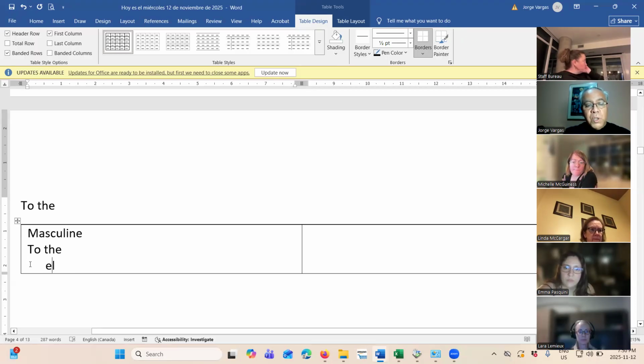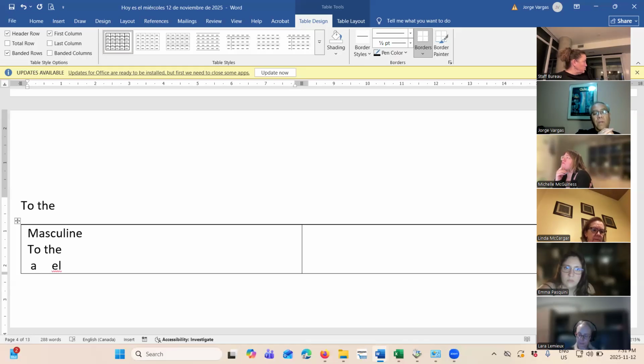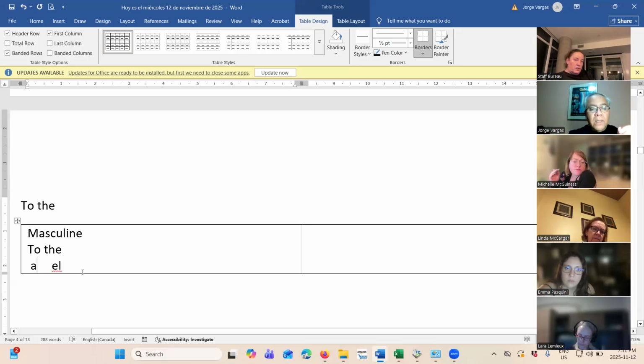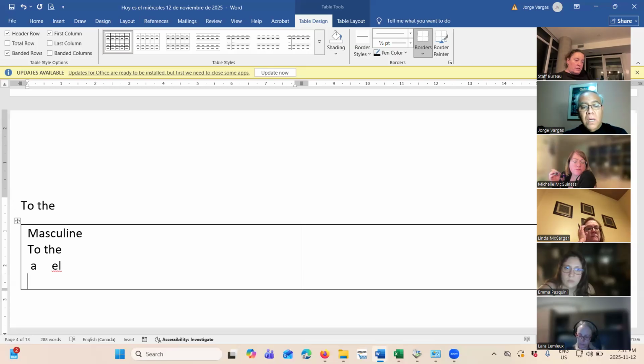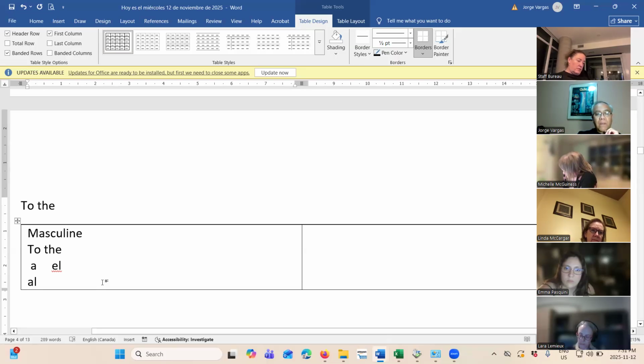Now, to say to, towards, the word is a. But when this happens, we would contract these two words into one. So from now on, if you want to say to the, and then the object is masculine, use al. That is the contracted form, al. Okay? Therefore, you said to the movies, al cine.